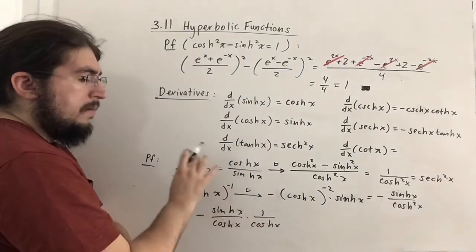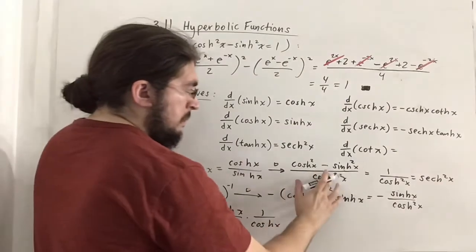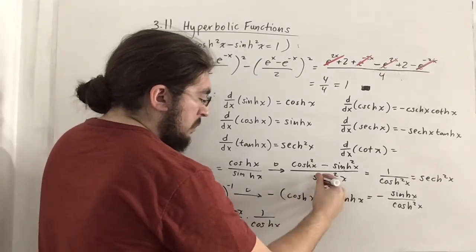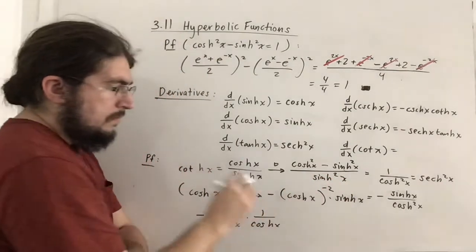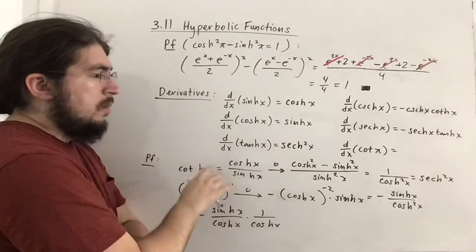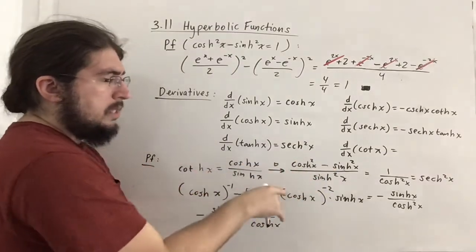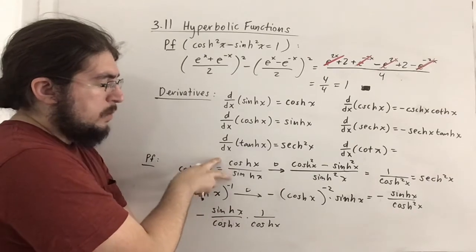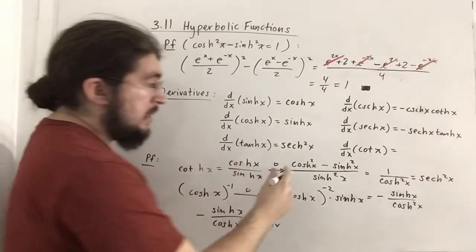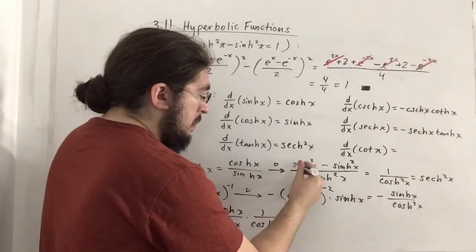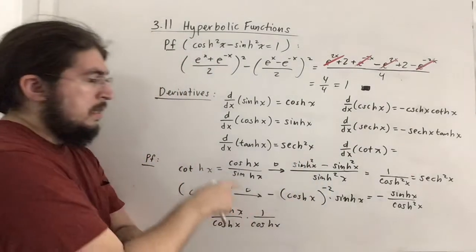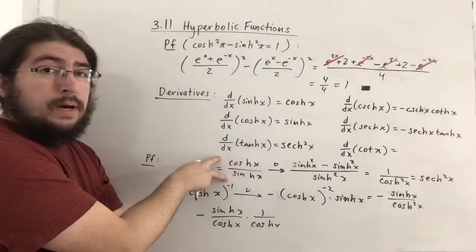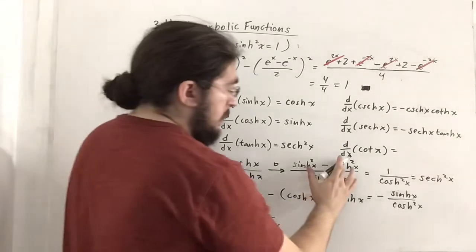For the quotient rule, it's going to be all over the bottom squared, so it's going to be sinh squared in the bottom. That part's fine. But then notice the quotient rule part on top will say derivative of the top times regular of the bottom. That's going to be sinh squared, not cosh squared. Minus regular of the top times derivative of the bottom, and that's going to be cosh squared, not sinh squared.